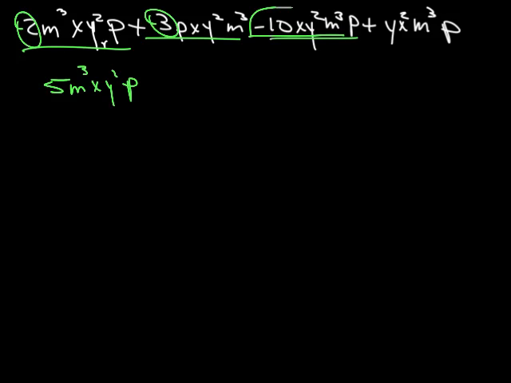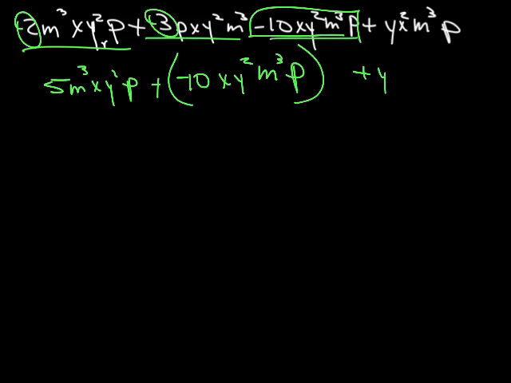And then I have this one here that I haven't done anything with. That's a negative 10xy squared m cubed p. Alright, so I'm going to make that a positive and then that a negative, just like we've done in the past. I have a tendency to forget if I don't keep following it along.